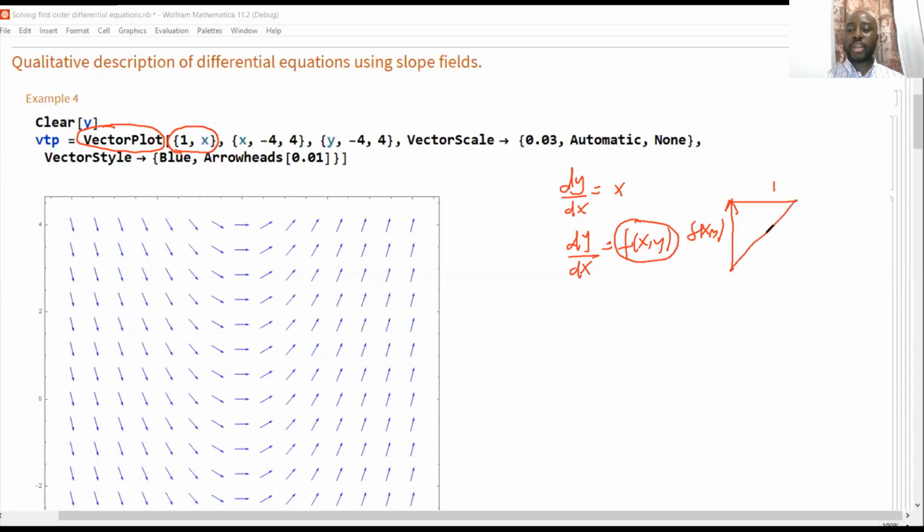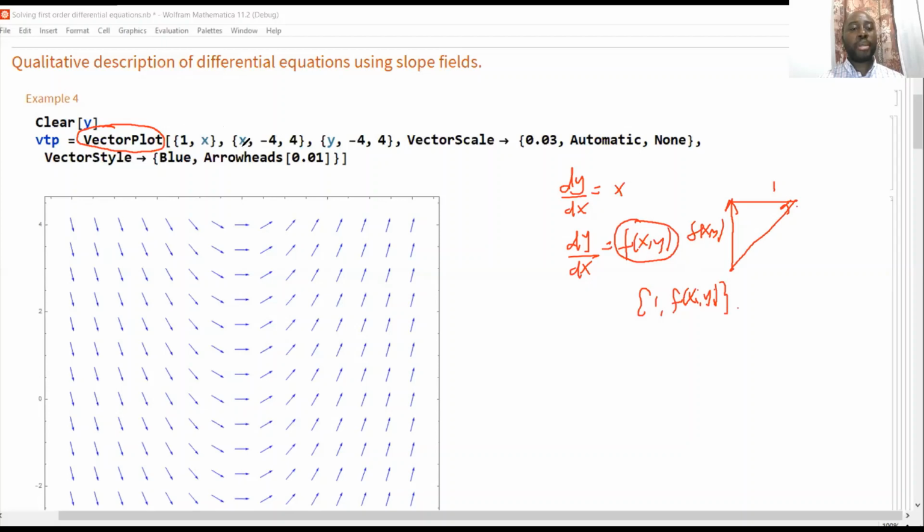That will give me the vector. So I will be plotting the vector {1, f(x_i, y_i)}. This can always be customized by replacing this x with whatever your f(x, y) is. So that's the first argument.